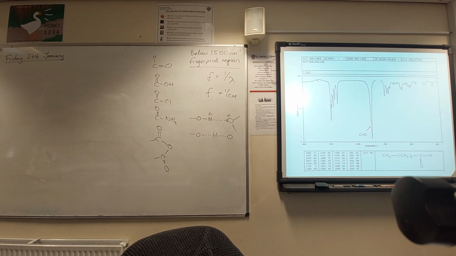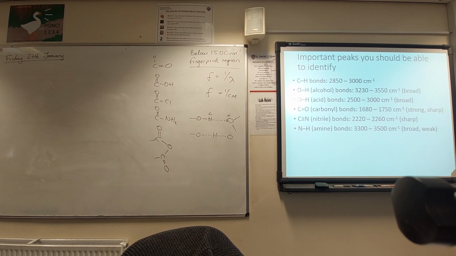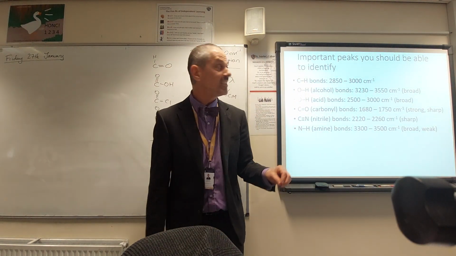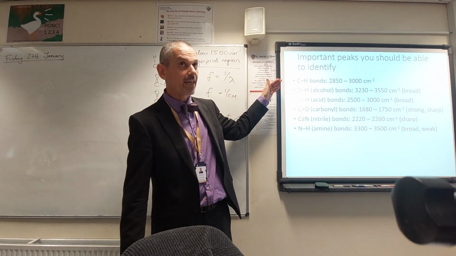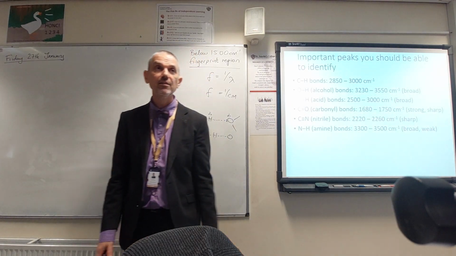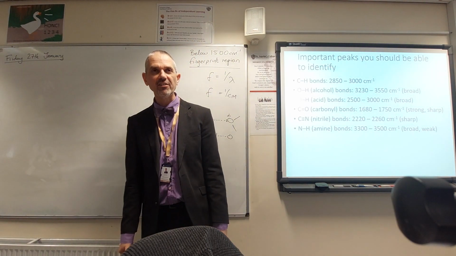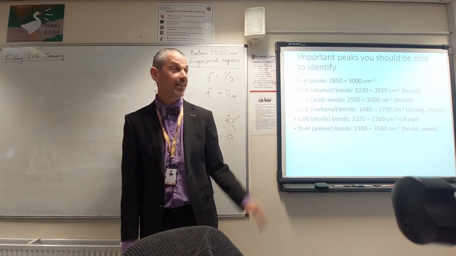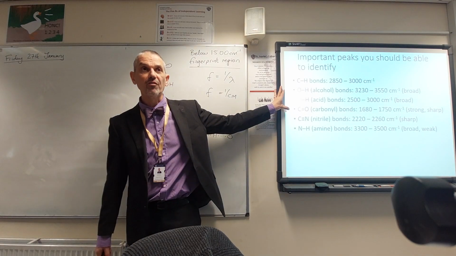It's not going to give you more information than that. Okay, if you can identify or distinguish OH alcohol, OH acid, and spot a carbonyl, you can probably answer 90% of A-level questions that are out there on infrared. Seriously, most of them come in on those three there.